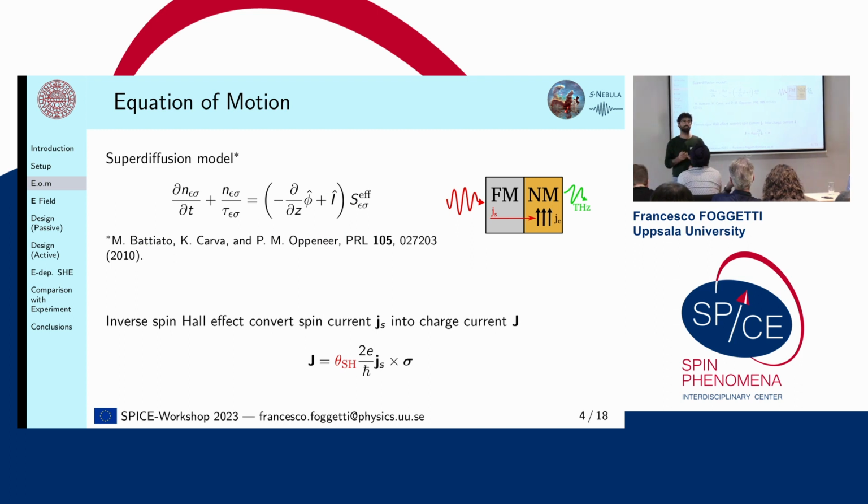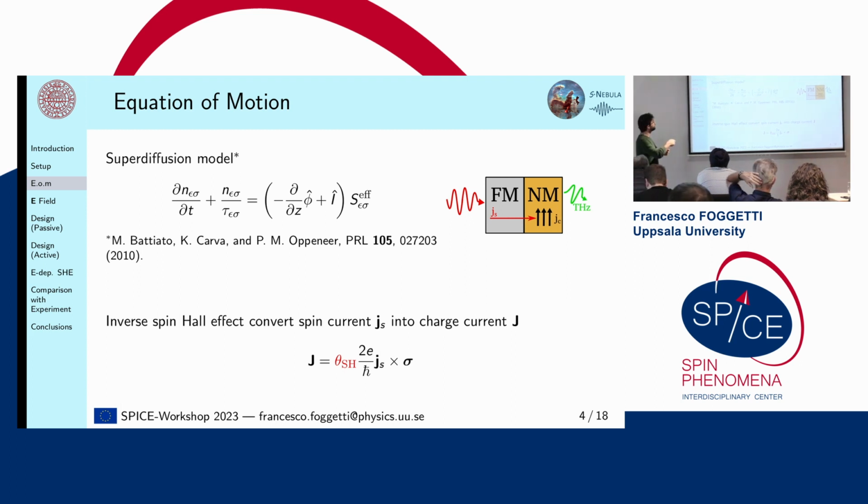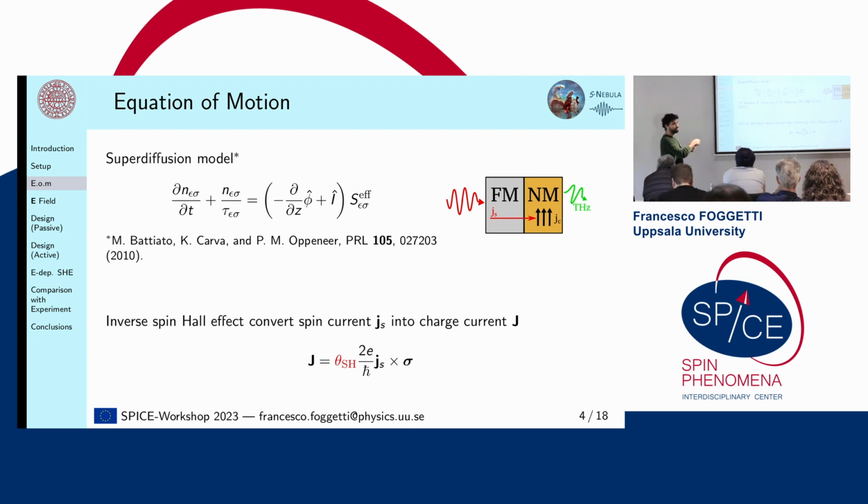We use the superdiffusion model, which has already been discussed and explained by Marco. I mean, he made the model. But I will go quickly through that. The model gives you the dynamics of the electrons and spins excited by an external laser source.